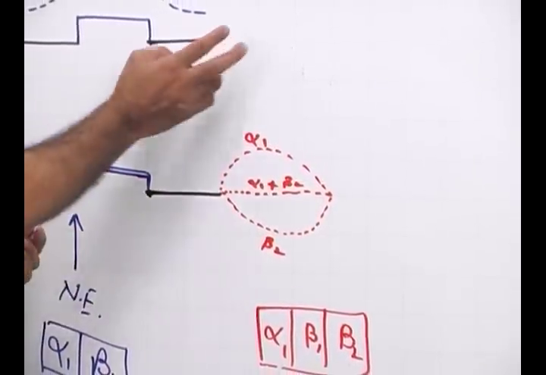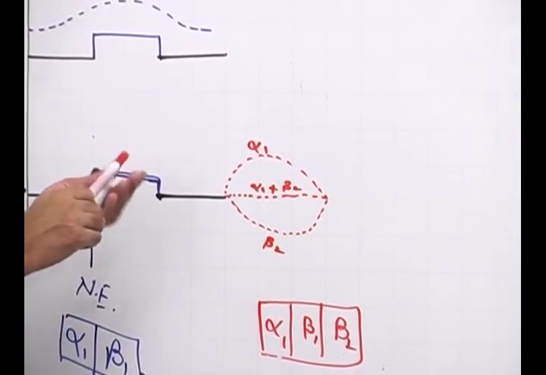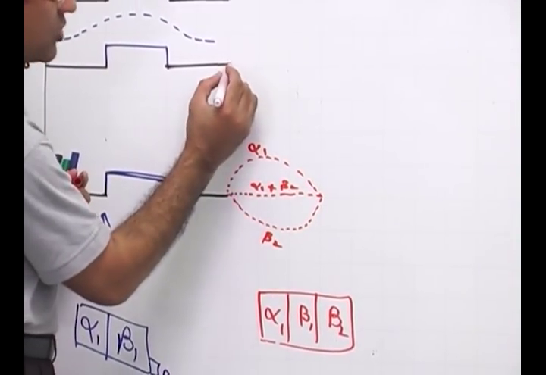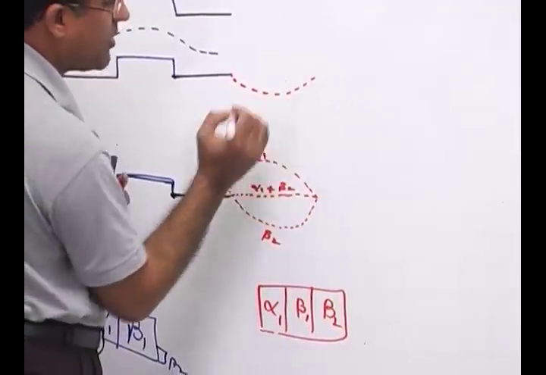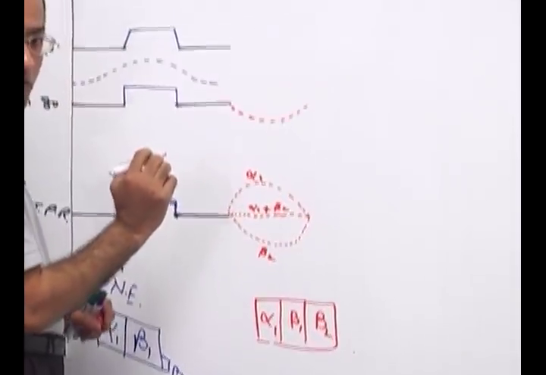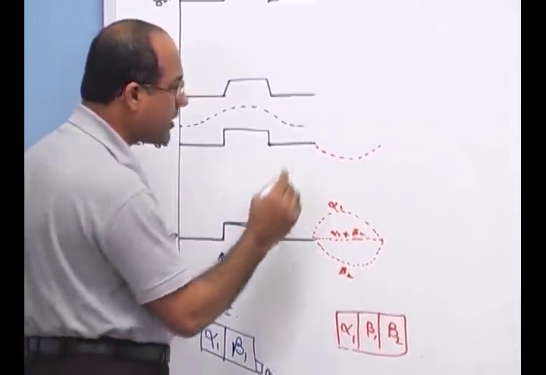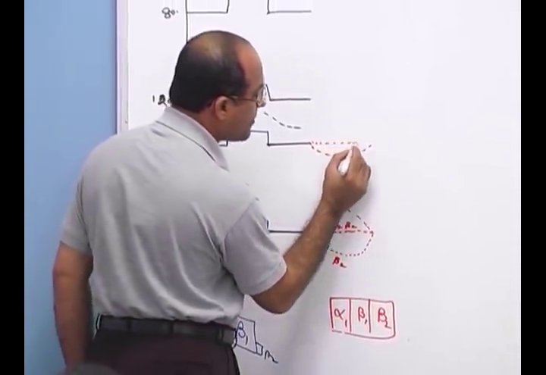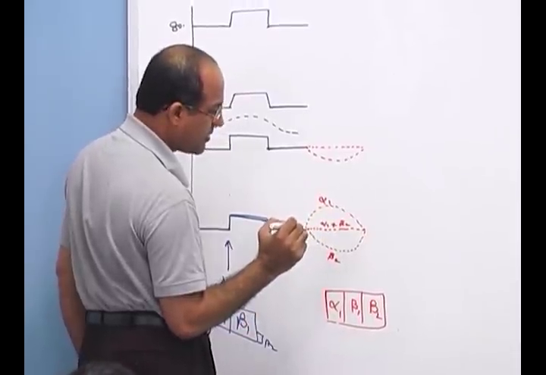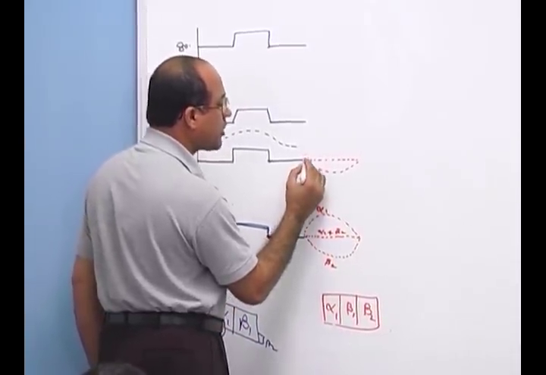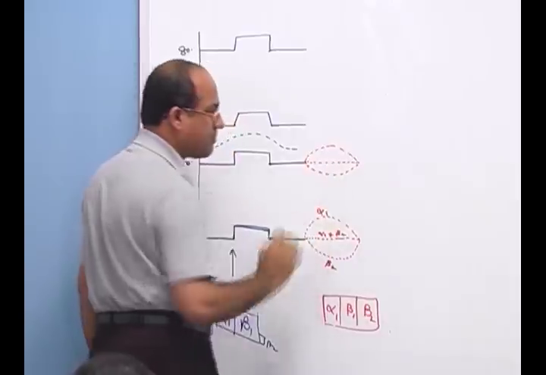Now, what will be the action on diastolic blood pressure? If it is a low dose, diastolic will fall, because diastolic blood pressure depends on total peripheral resistance. If it is a moderate dose, diastolic blood pressure will not be affected. And if it is a high dose, then diastolic blood pressure will go up. Is that right?